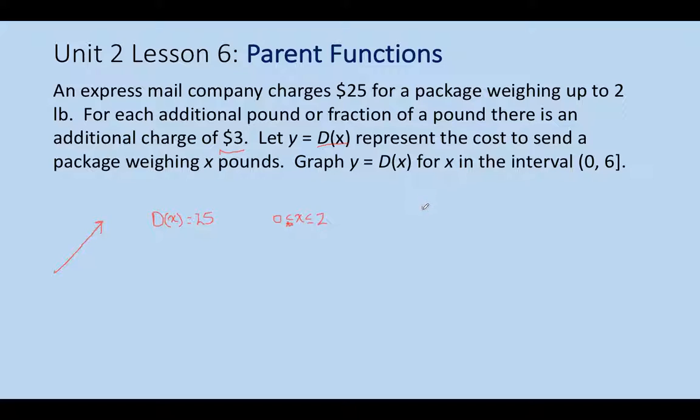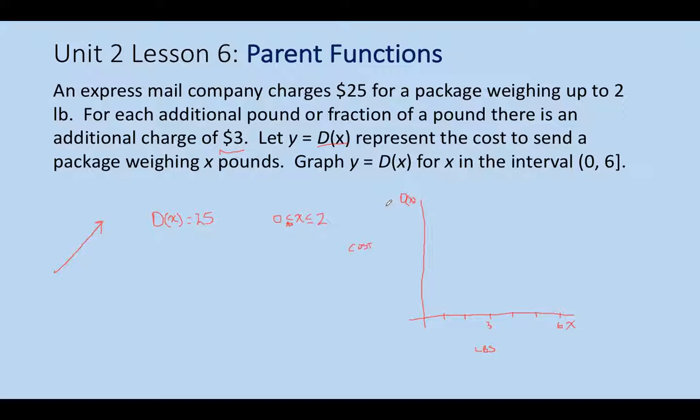So if I were to graph that out, okay, so along the x, this is going to just be pounds. And along the y, or d of x, this is going to be total cost. Okay, so we'll stretch this out a bit. My interval just goes to 6. So 1, 2, 3, 4, 5, 6.